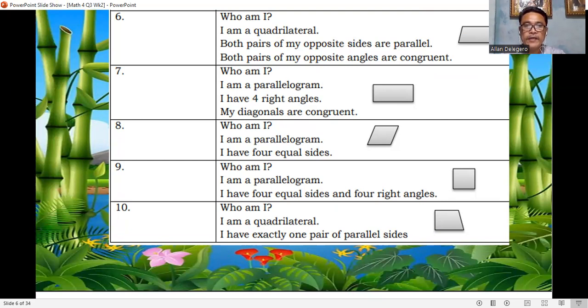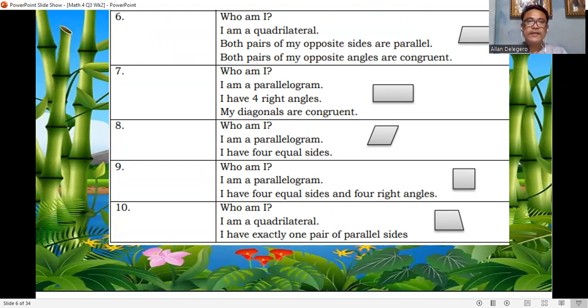Number 8. Who am I? I am a parallelogram. I have 4 equal sides. Number 9. Who am I? I am a parallelogram. I have 4 equal sides and 4 right angles. And number 10, who am I? I am a quadrilateral. I have exactly 1 pair of parallel sides.